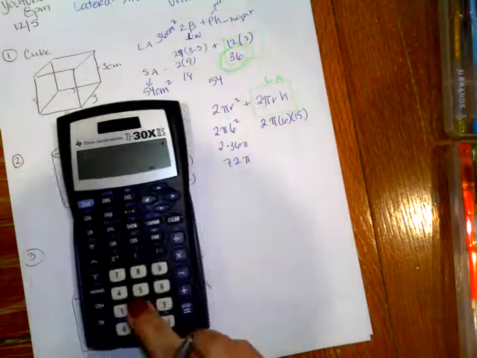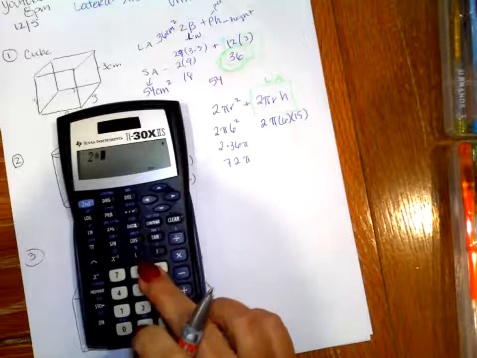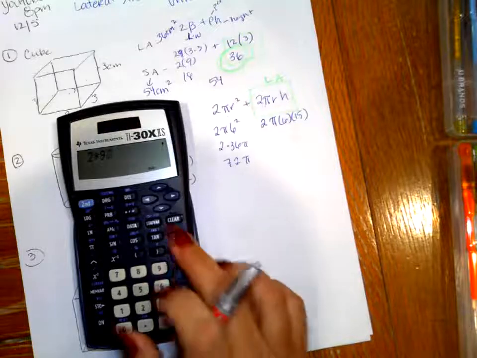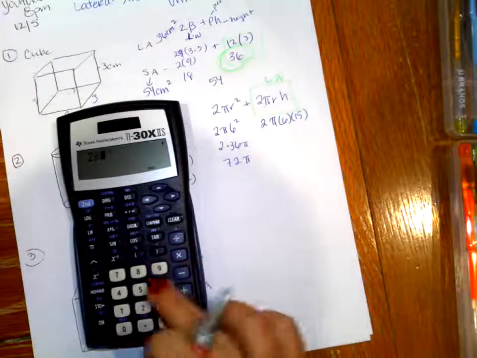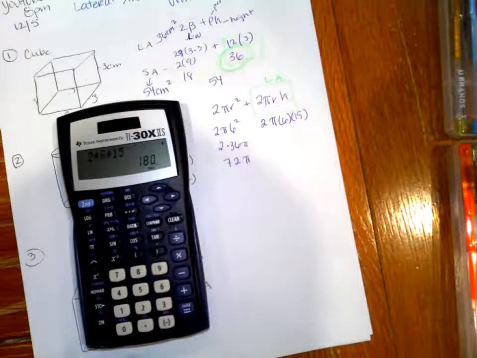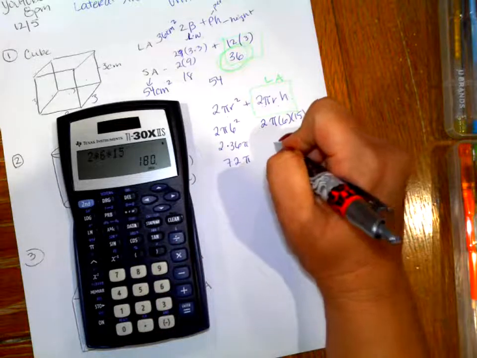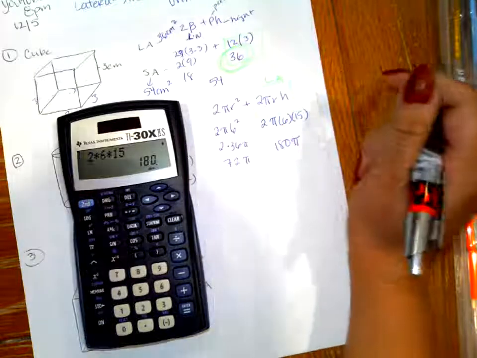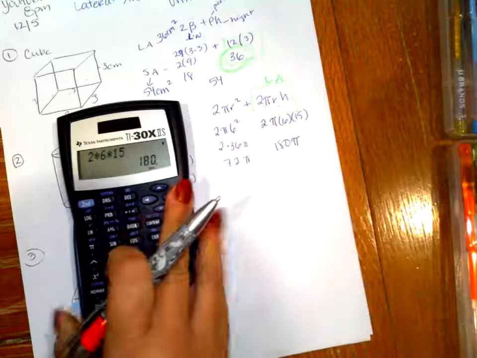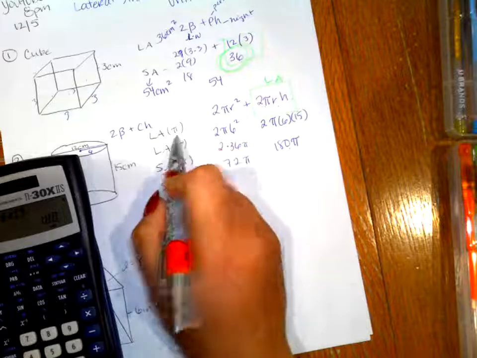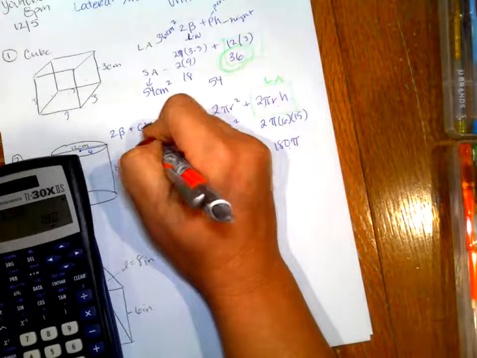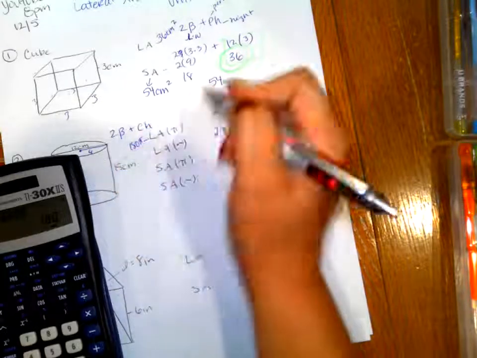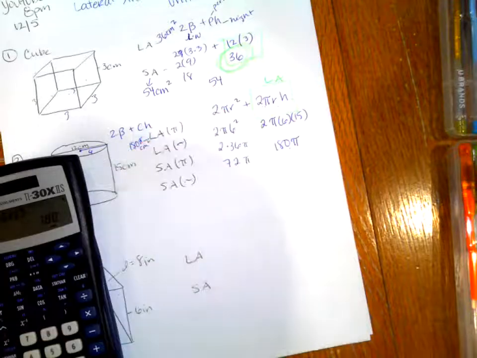So I've got 2 times 6 times 15, it's going to give me 180 pi. All right, 180 pi. So my lateral area with pi is 180 pi centimeters squared.